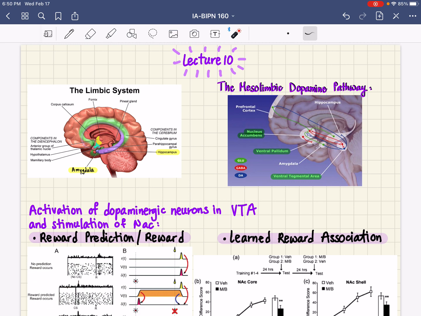Okay, and the limbic system is important in emotion, liking or disliking things, feelings, and so on. And all you need to know about the limbic system is that it contains a lot of parts to it. For example, amygdala, hippocampus, cingulate gyrus, and so many others. But for now, you can only keep amygdala and hippocampus in your mind.